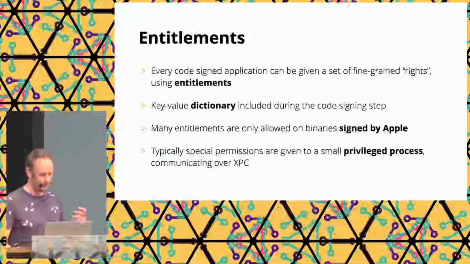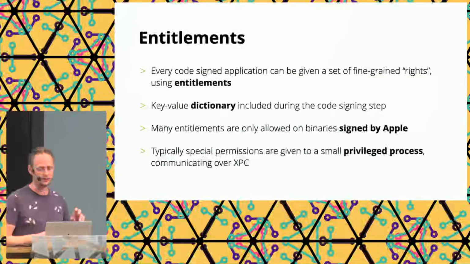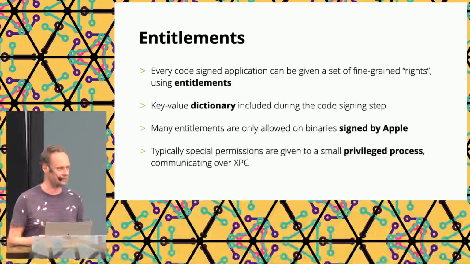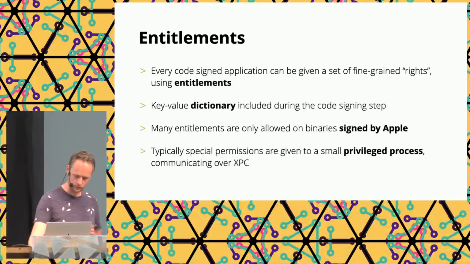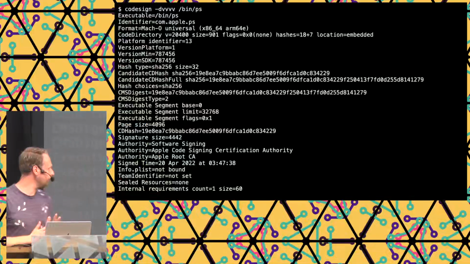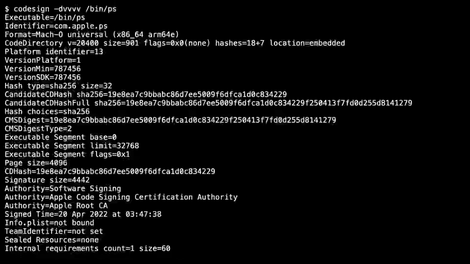So if an application has a specific entitlement and it is vulnerable, then you can just copy that binary to a machine you have access to and then exploit that vulnerability, and you will have the entitlement as well. So this is how you can see what code signature a binary has. Is it readable actually on the screen?